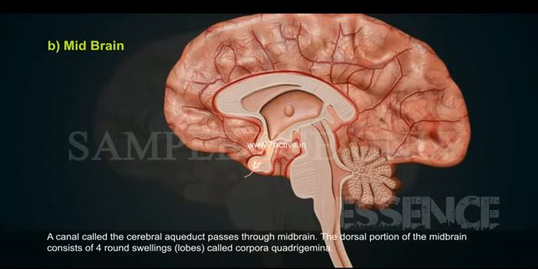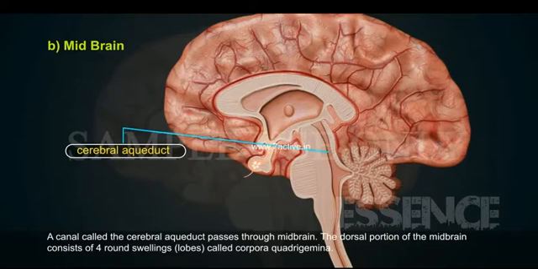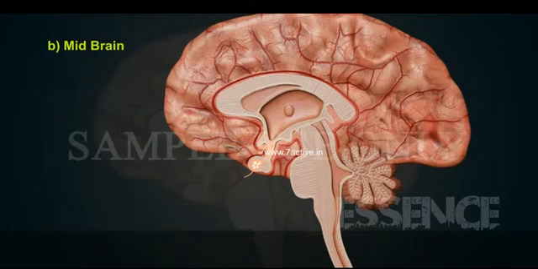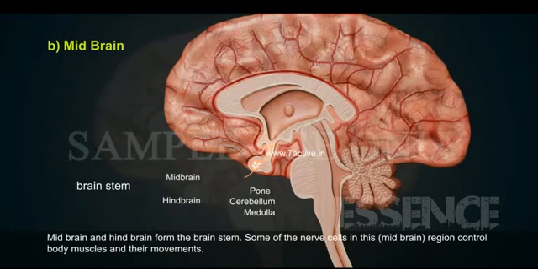A canal called the cerebral aqueduct passes through the midbrain. The dorsal portion of the midbrain consists of 4 round swellings, lobes, called corpora quadrigemina. Midbrain and hindbrain form the brain stem. Some of the nerve cells in this midbrain region control body muscles and their movements.